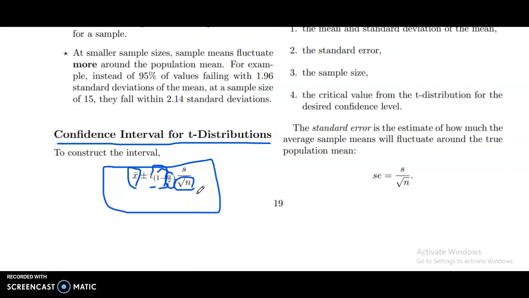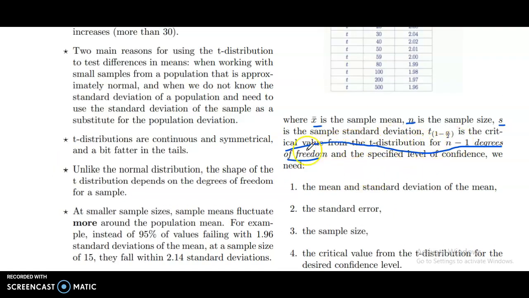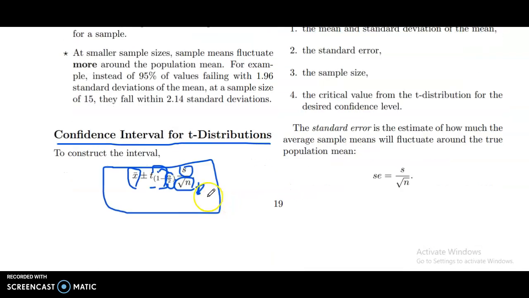Then we divide the s value, the sample standard deviation, by this root n. Whatever we get, we multiply with the t value, then we add it to or subtract it from x bar. This is how to construct the interval.